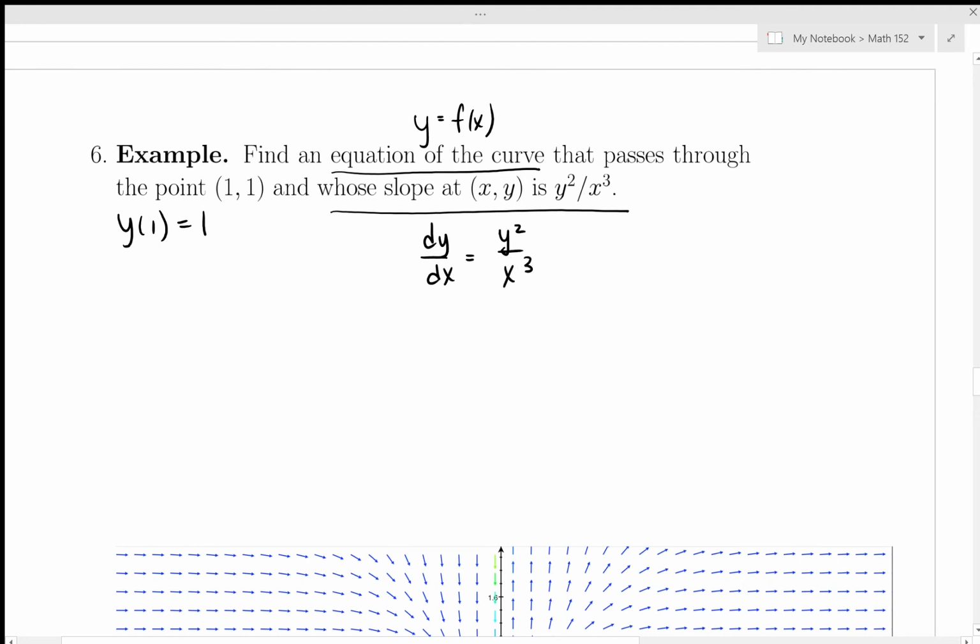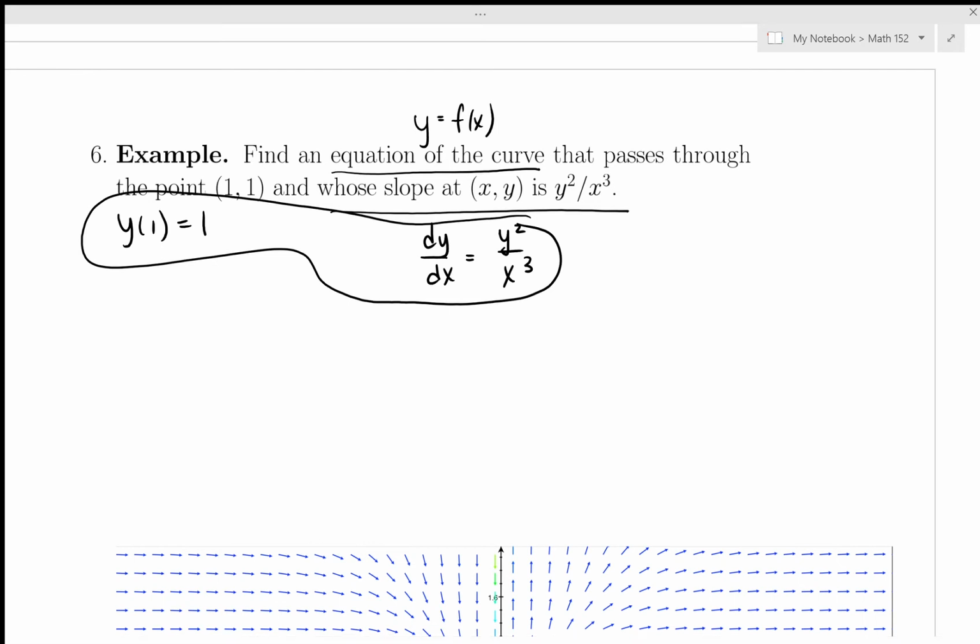Okay, so now we have these two things. We see that this is basically just a statement of an initial value problem, and we can go ahead and solve it just like we have on the previous examples. Everything to do with y on one side, that's dy by y squared, and then everything to do with x on the other side, dx by x cubed. Integrate both sides.